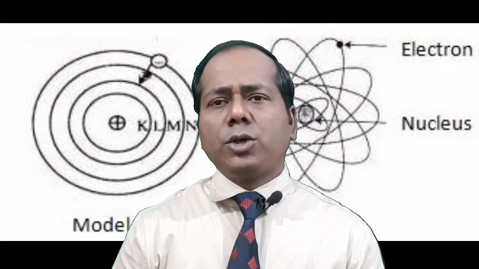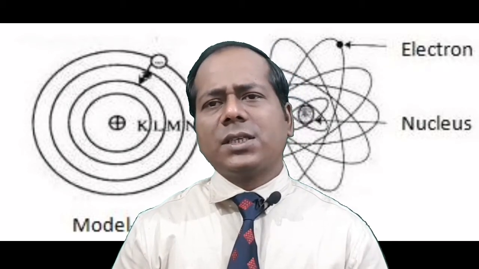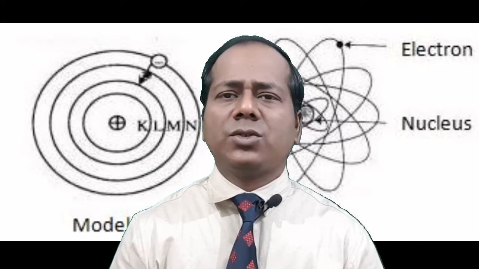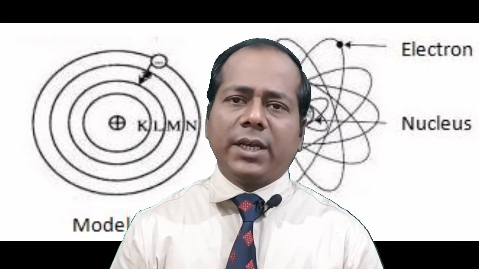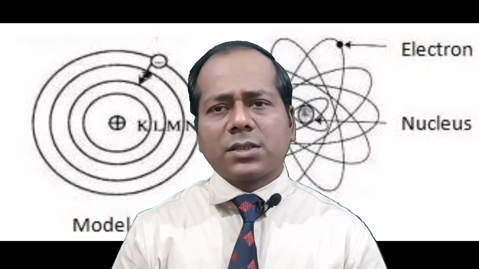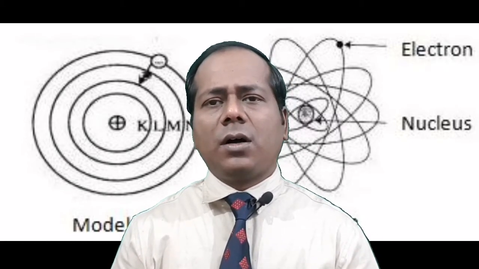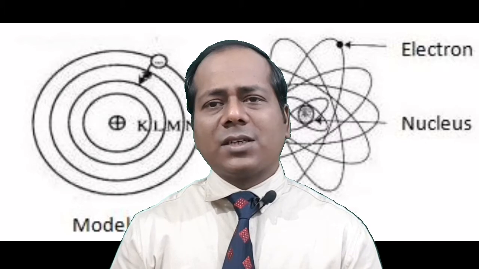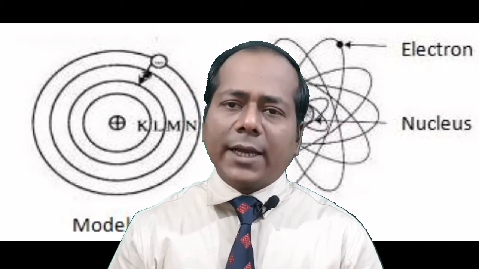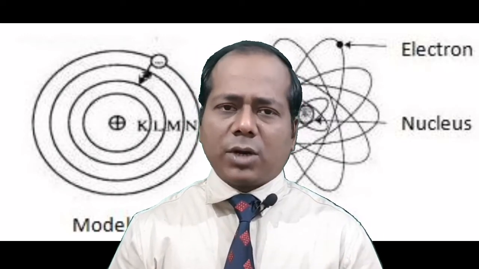According to the postulates of Bohr's model, radiant energy is emitted when electrons jump from higher energy to lower energy. The energy difference between two energy states is fixed. As a result, the frequency of emitted energy is also constant and results in producing line spectra. Bohr's atomic model can explain the origin of atomic spectra.